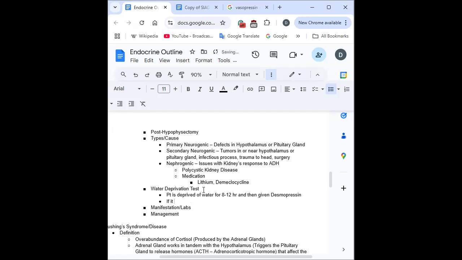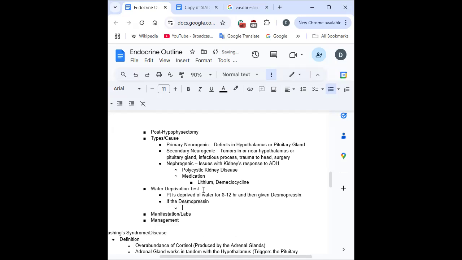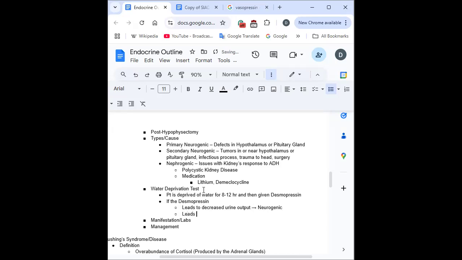So if the desmopressin works, it's neurogenic. Does that make sense for everyone?